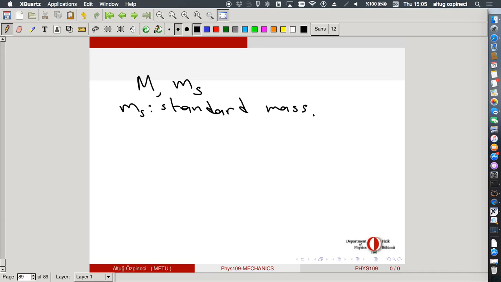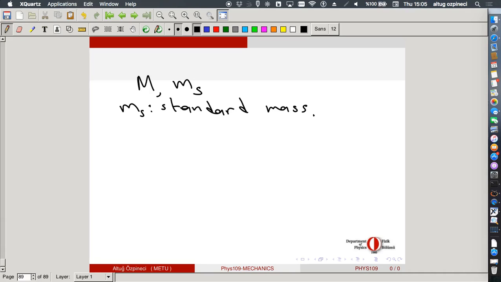We define 1 meter using the speed of light. So those things are defined in terms of fundamental properties of matter. But unfortunately, we don't have such a fundamental definition for mass. We take the standard mass, the generally used 1 kilogram, which is somewhere in Paris. So you just measure the mass of any object relative to that 1 kilogram in Paris.